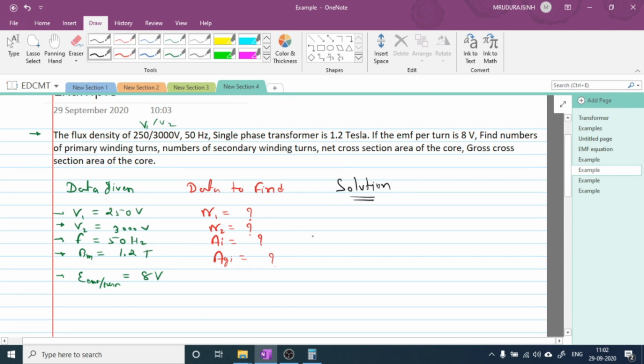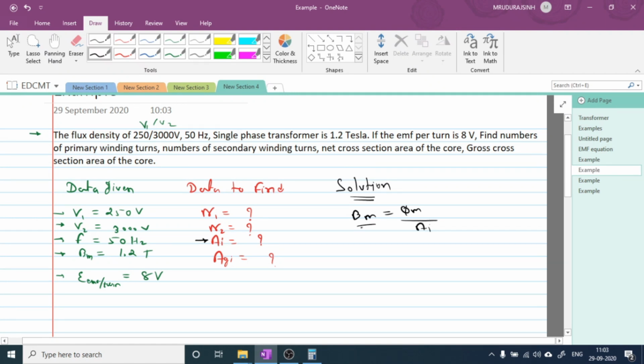So first of all we'll start with the equation of this net cross sectional area, because we have one equation, Bm is equal to phi m divided by Ai, right?